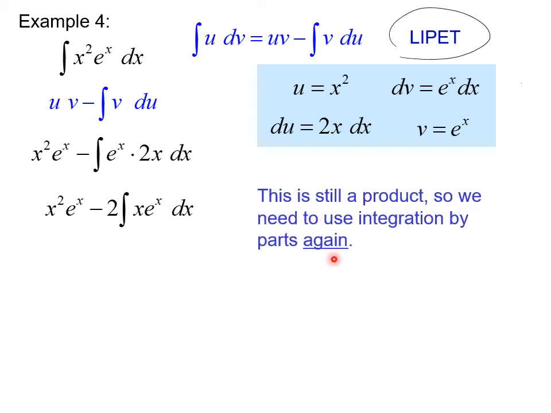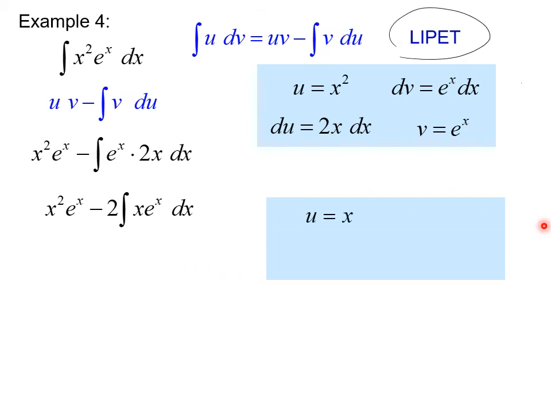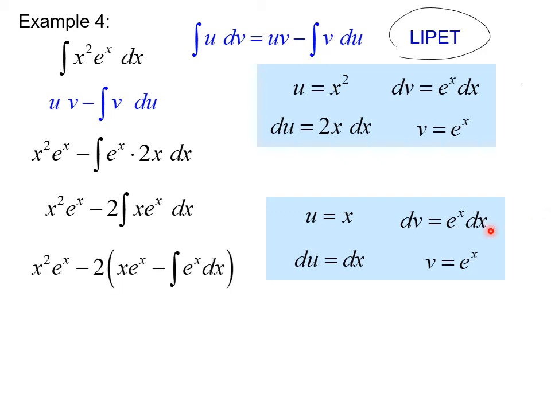It is still a product, so we need to use integration by parts again. We choose u equal x and dv equal e^x dx, and get as before du equal dx and v equal e^x. We satisfy our rule: x squared e^x minus 2, the common factor, times x e^x minus the integral of e^x dx, and this is now easier than before, so the result will be e^x.